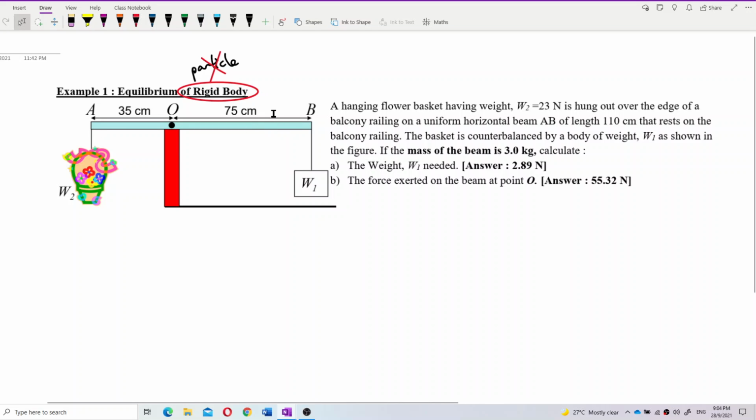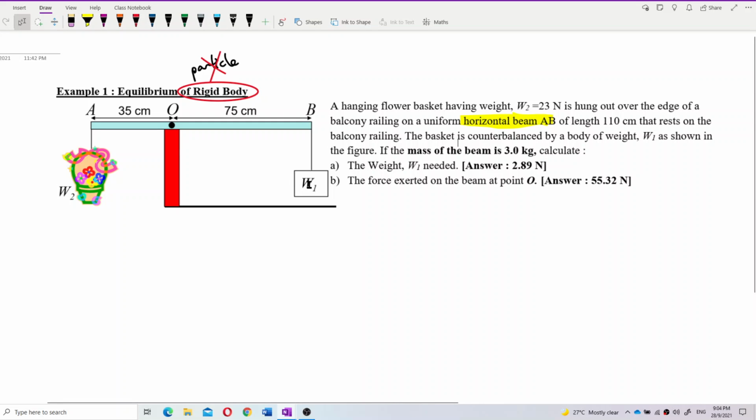So first of all, to do this question, we need to draw the free body diagram. But before we draw the free body diagram, let us identify what is our target object here. If you look at here, all our focus is just on the beam AB, on the horizontal beam AB.